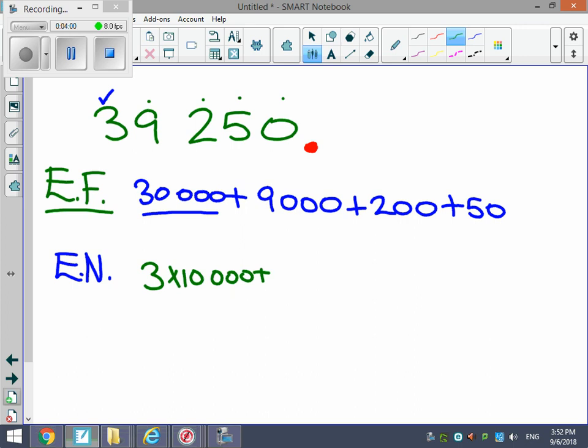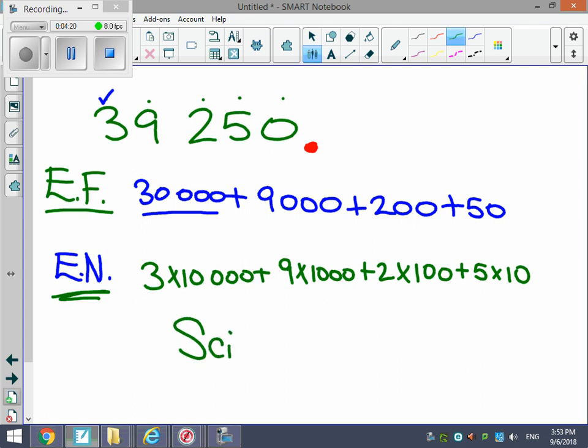In order to get 9,000 as a base 10 number, it's 9 times 1,000. 2 times 100 plus 5 times 10. This way right here, our expanded notation is going to really work into scientific notation, which is tomorrow's lesson.